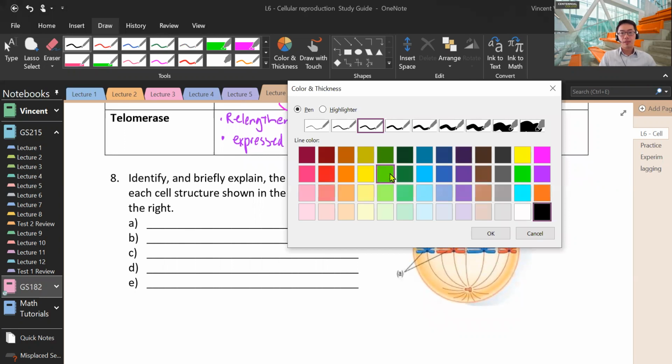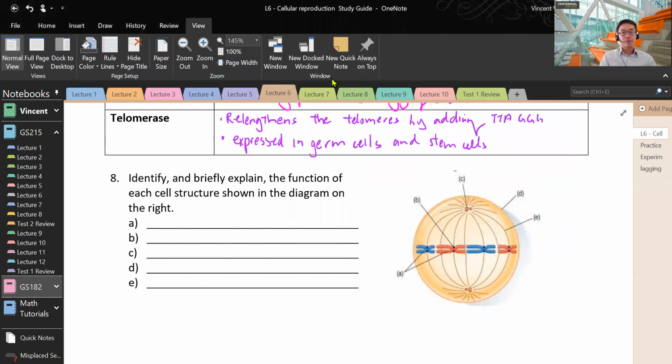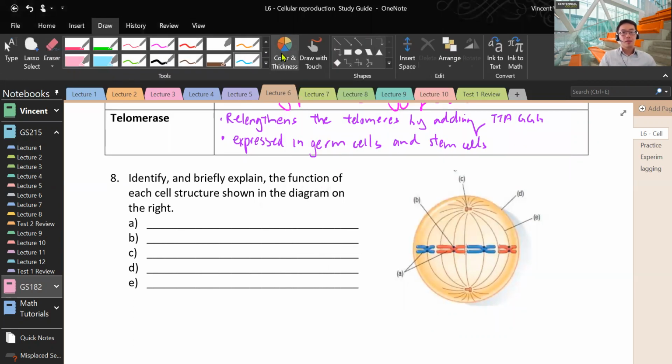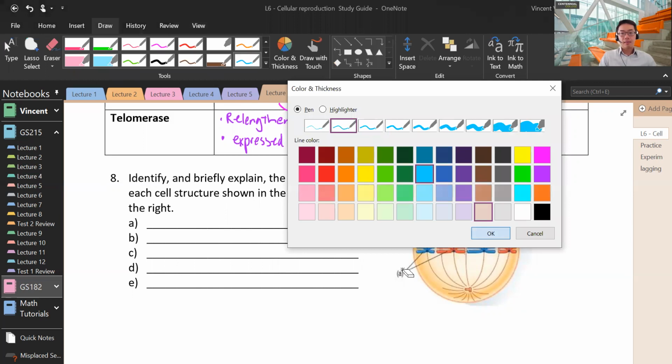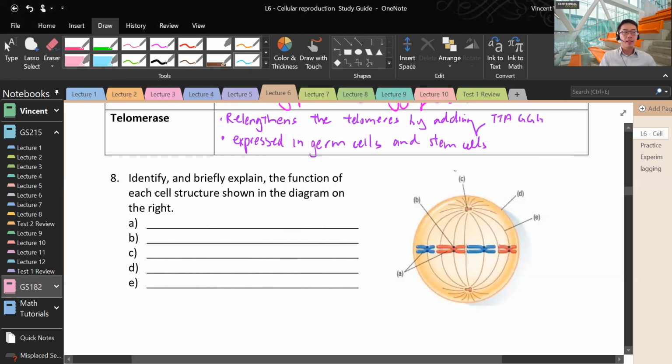Okay, we'll do that. Let's choose an exciting color. A is pointing at the chromosomes. Briefly explain: chromosomes contain the genetic code.